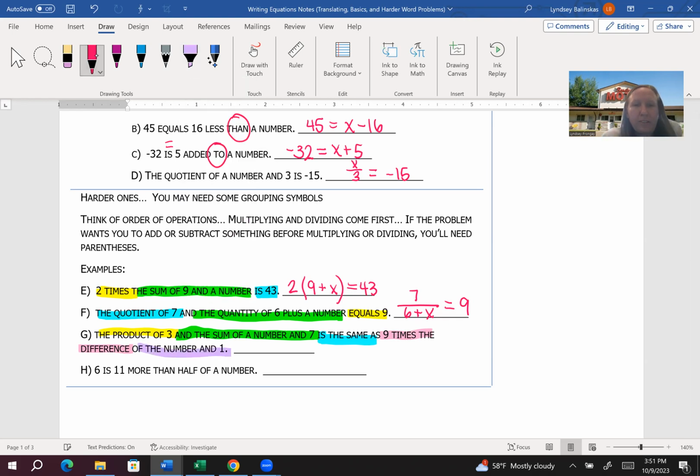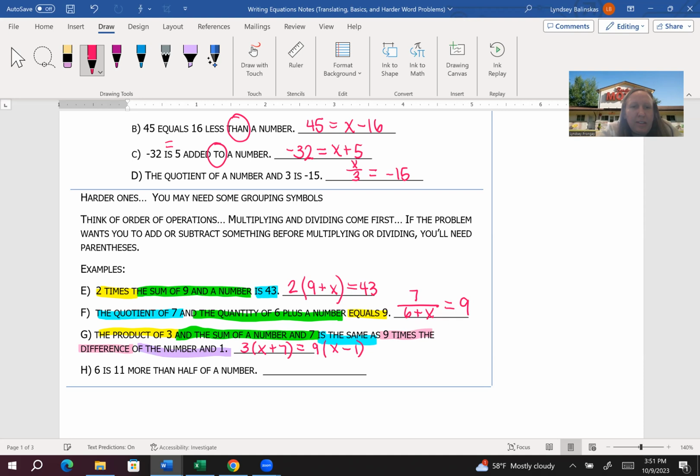So lots going on here. So product 3. Product is 3 times, but we're doing the sum of a number and 7. So x plus 7 goes in parentheses. Is the same as equals 9 times the difference. So we have some subtraction. I'm going to throw that also in parentheses. Difference of that number and 1.